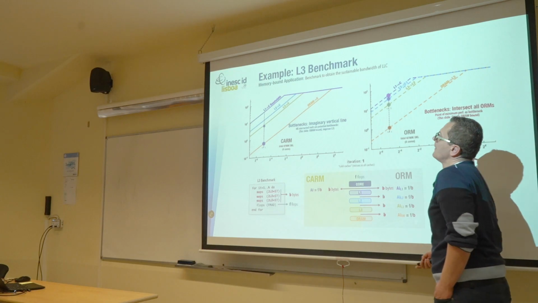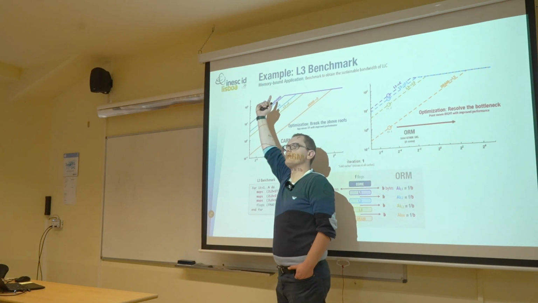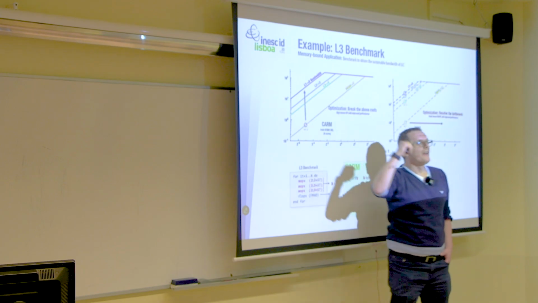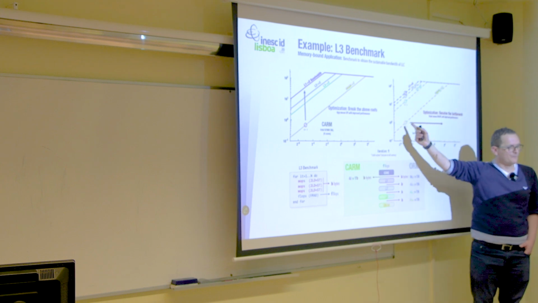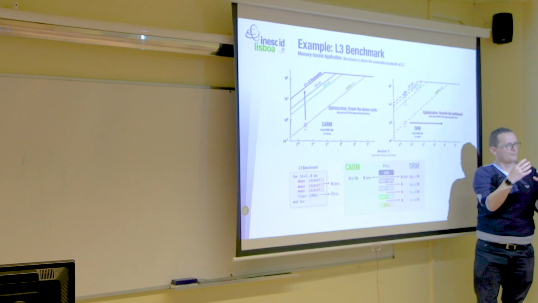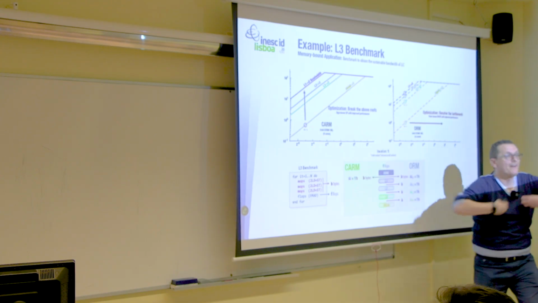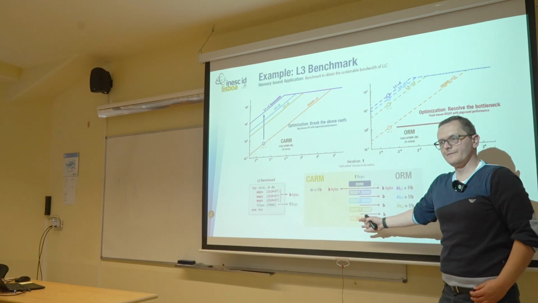How does the optimization work? In CARM, you will be optimizing the application, as we were saying, and the point is supposed to move up. In ORM, you focus on the first problem that you have, which is DRAM. As you start optimizing your application, imagine you can fit everything in L3. You will be reducing DRAM traffic.